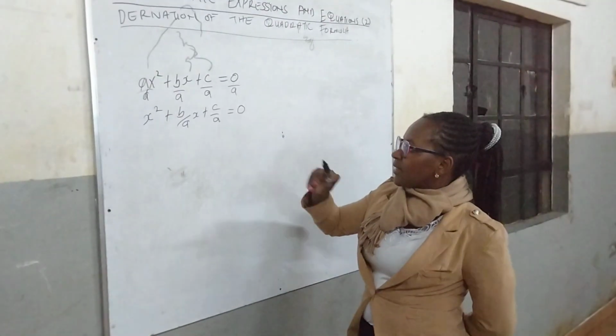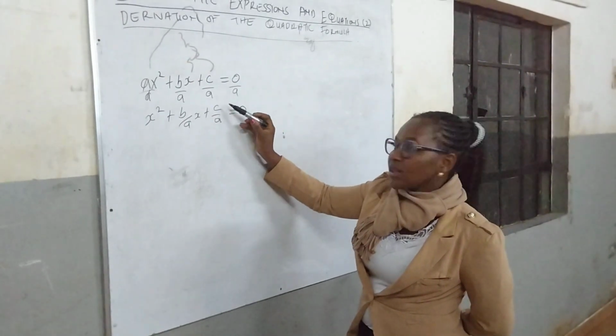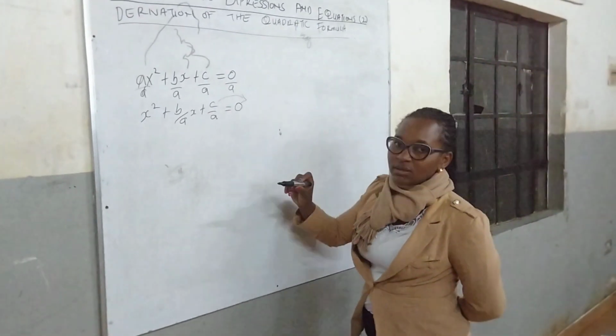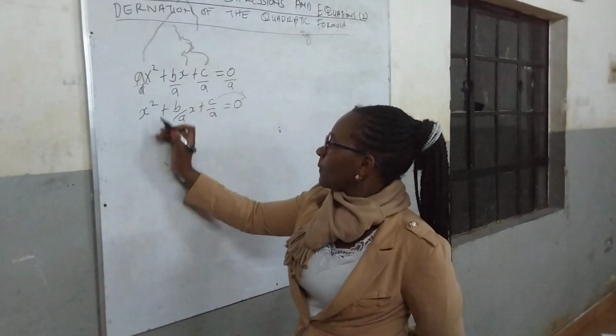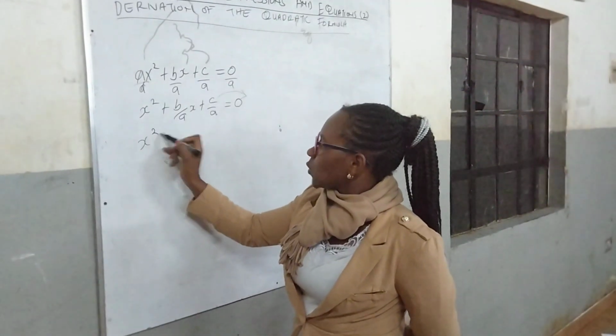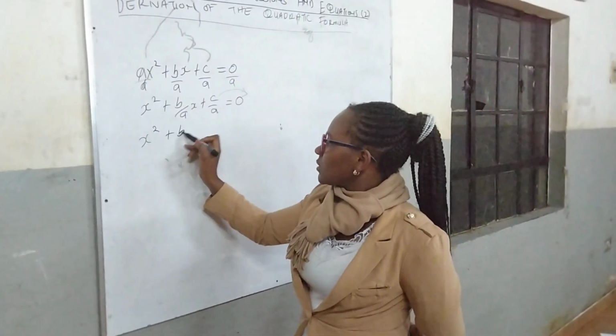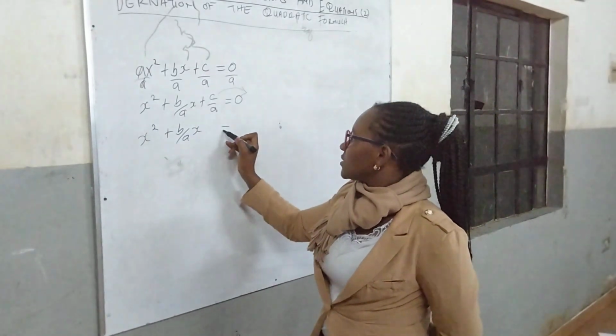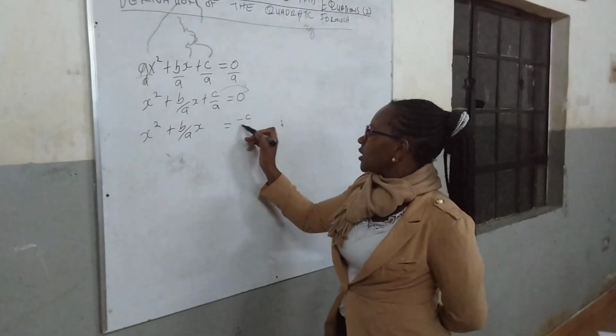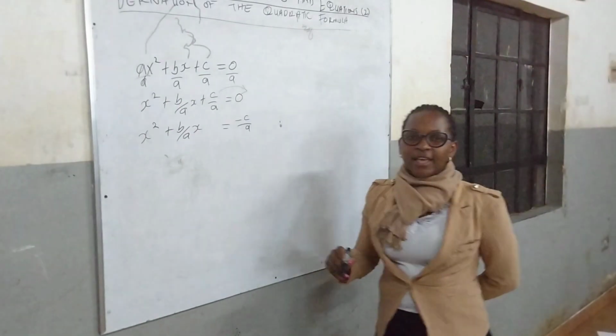The next step, we are supposed to take this part to the other side. So here we'll be having x squared plus b over a x is equal to negative c over a.